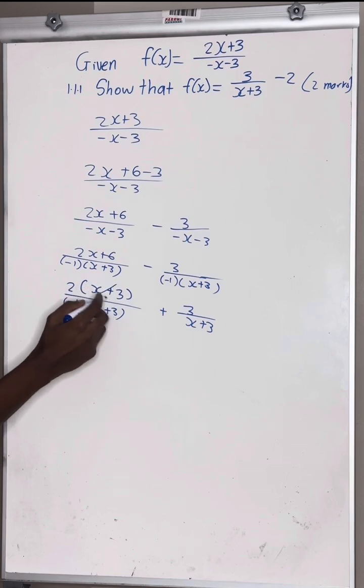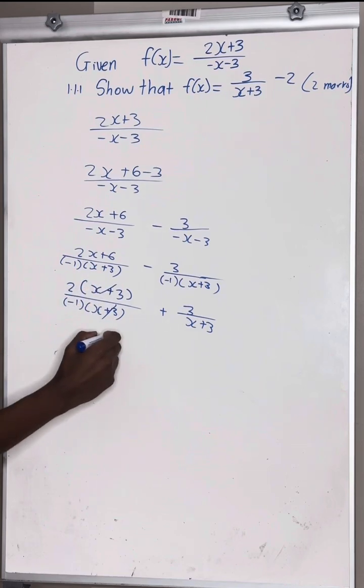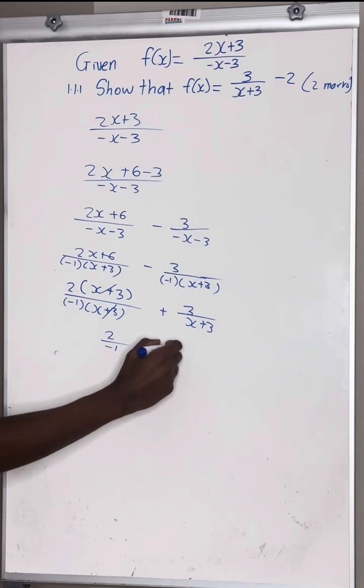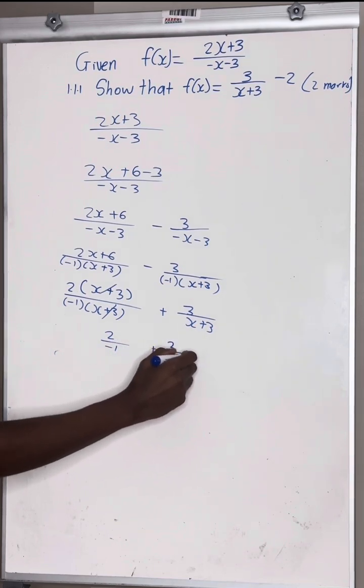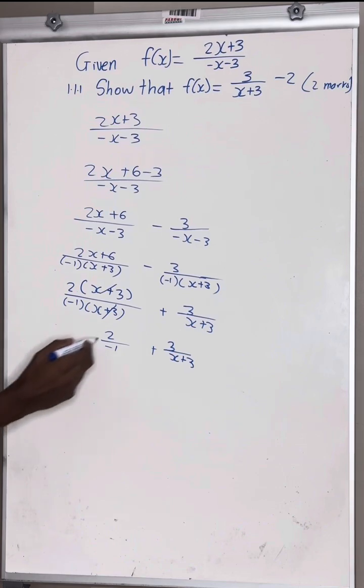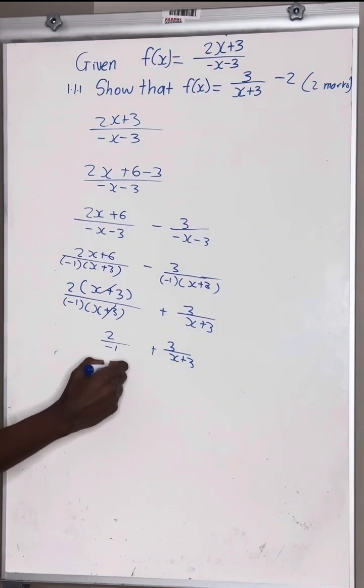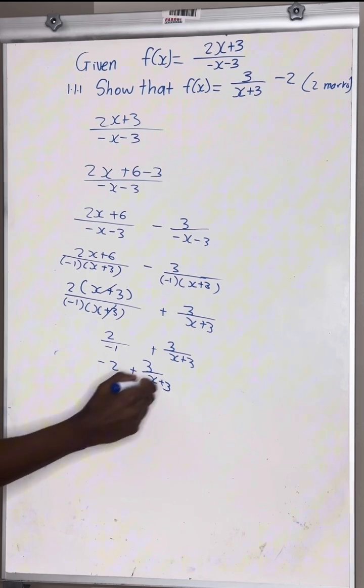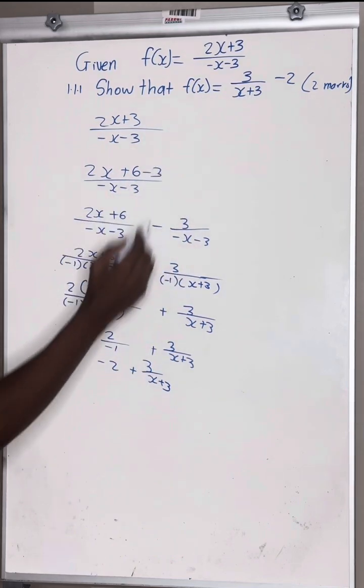This x plus 3 is going to cancel this x plus 3 out. And then it's going to be 2 all over negative 1 plus 3 all over x plus 3. And then 2 divided by negative 1, that is negative 2, plus 3 all over x plus 3. Now this is the same as that, we just have to change the order.